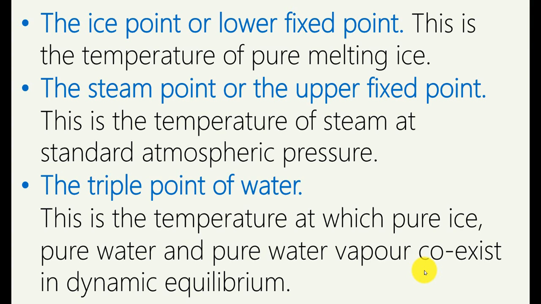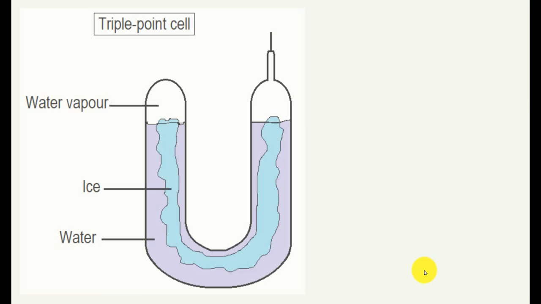And please, we only look at the triple point of water. We have what we call a triple point cell. I'm going to illustrate just a little bit to show you in a video that this is possible. But I want you to see that in a triple point cell, we have water vapor here, we have ice formed here, and we have water.